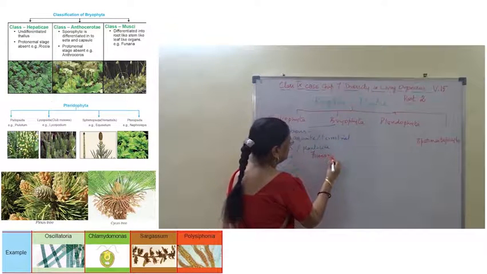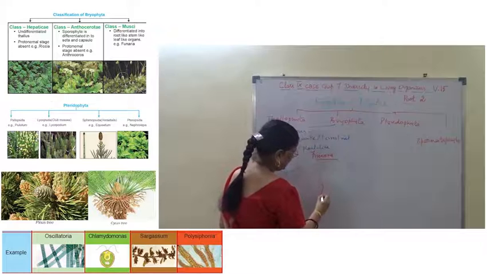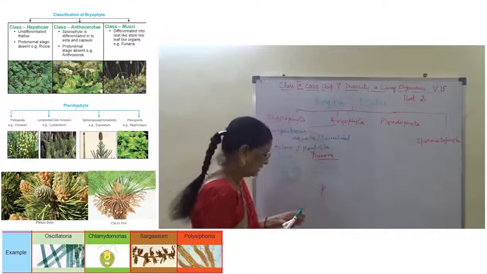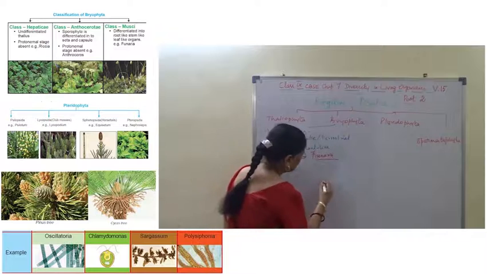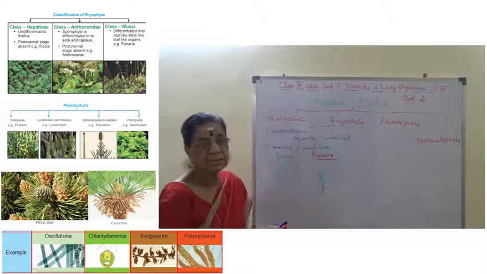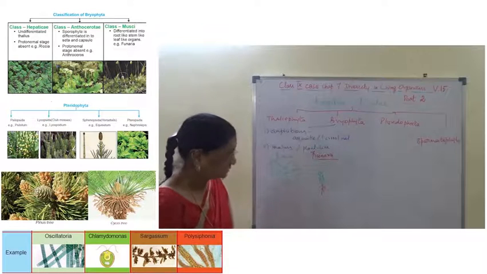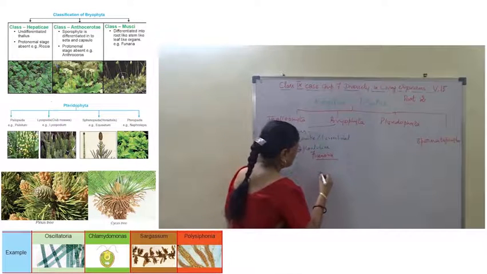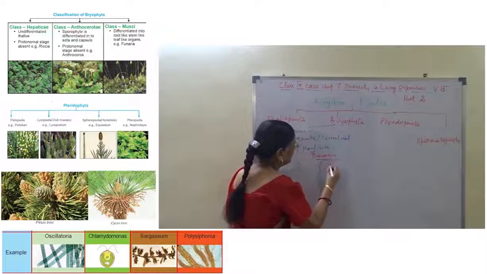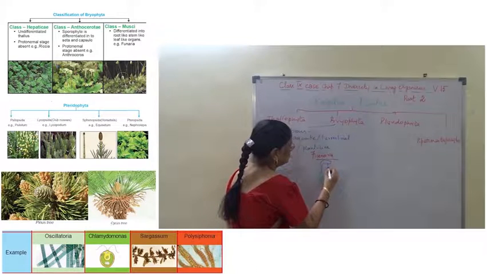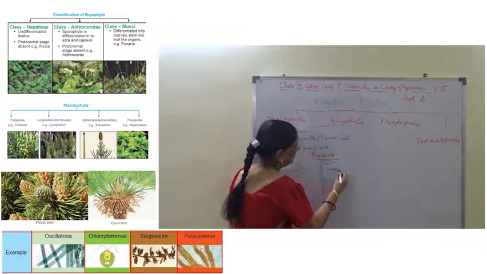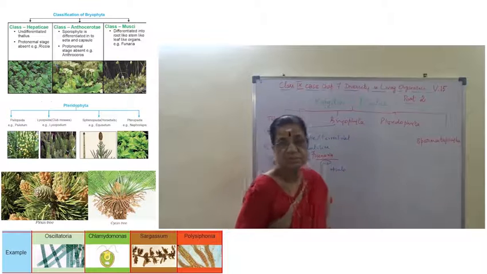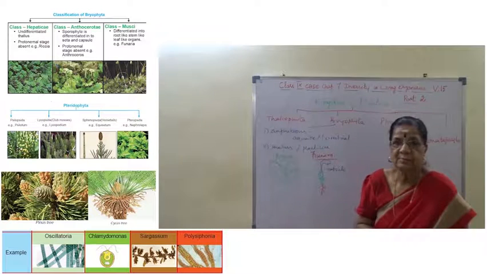It has root-like structures, but they are not true roots. It is root-like, stem-like and leaf-like structure like this, and this is called the capsule.